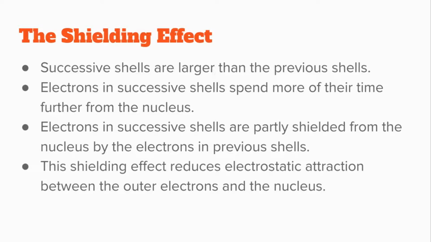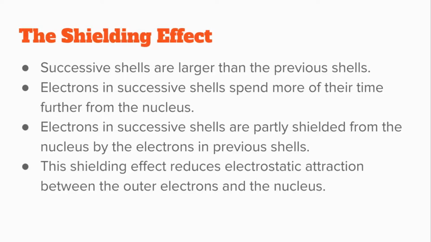Those valence electrons in those larger energy orbitals are attracted to the nucleus because the nucleus is still positive and the electrons are still negative. But they also feel repulsion from those electrons that are closer to the nucleus. Those electrons in the first energy level don't have that issue. They are just attracted to the nucleus, but they are repelling the electrons that are further away.